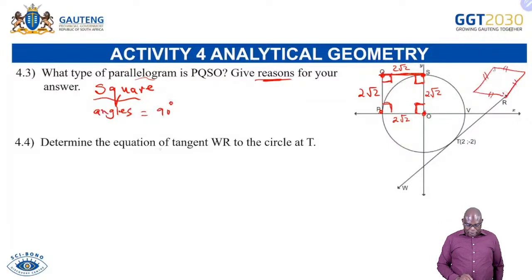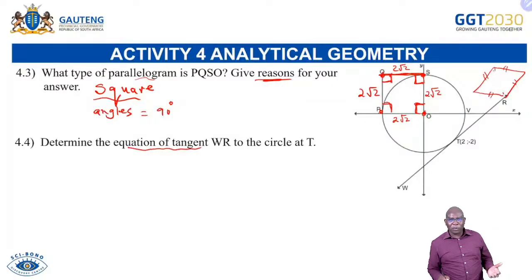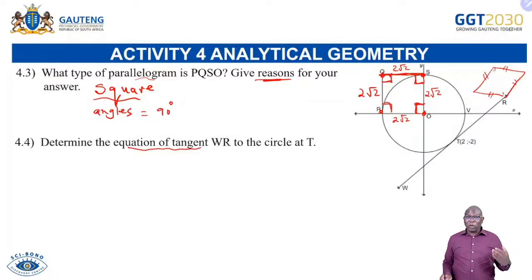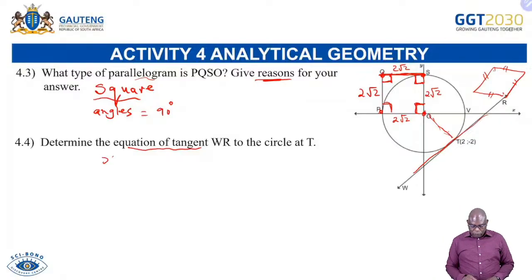Now, determine the equation of the tangent. I'm going to use that formula. You can also use the other formula for the gradient, where you find the gradient of the line and then from there you get it. I'm going to use this one now: x1 times x plus y1 times y equals r squared.